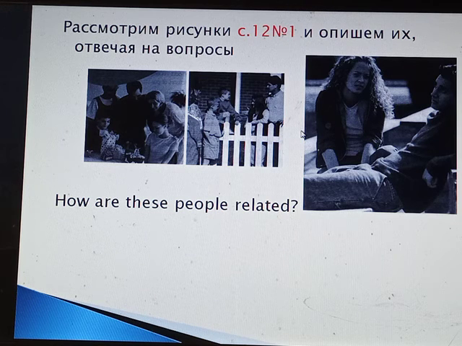And look at the last picture. How are these young people related? I think they are friends.